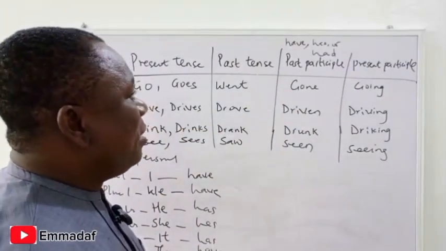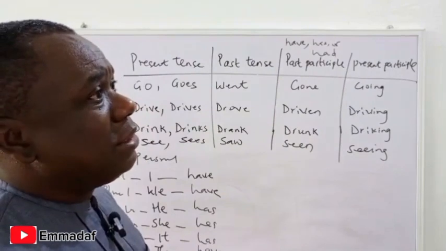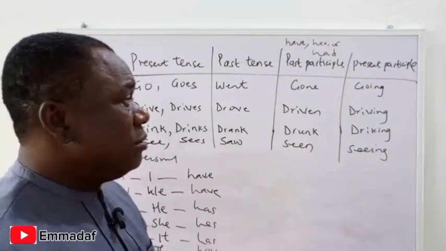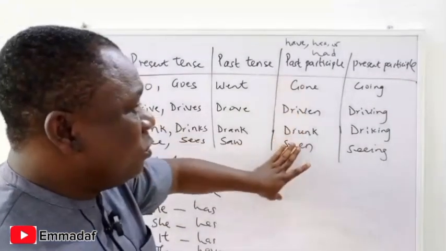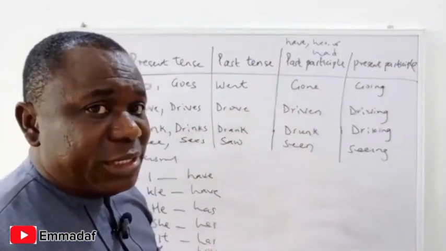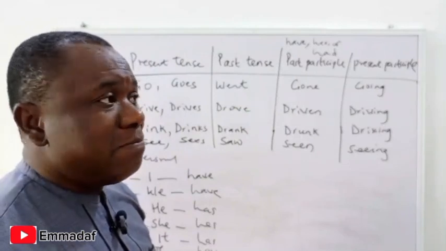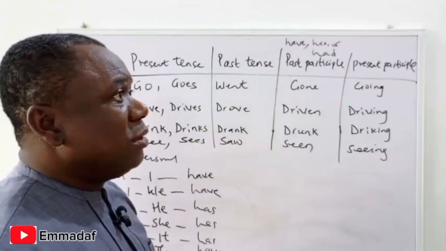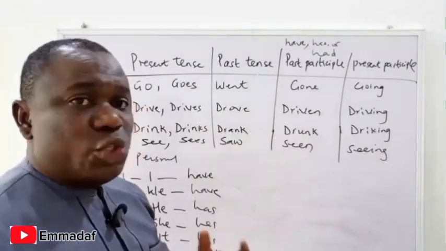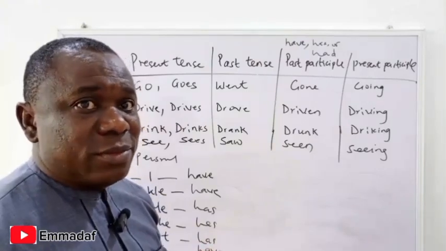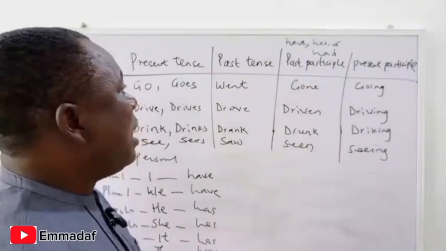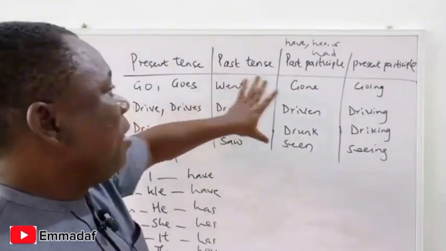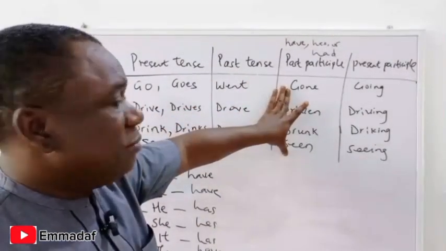Now, another point you have to keep in mind, you would have noticed that these verbs we are using to illustrate are what we call strong verbs. Verbs are classified into two according to how they form their past tense and their past participle.